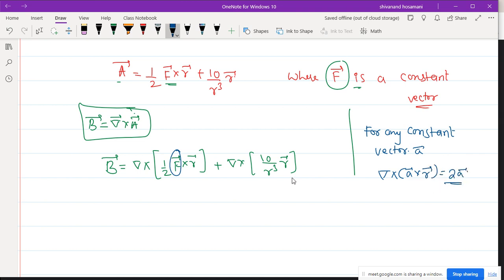Similarly, as we have taken this del cross, the curl of this result is given by 1 by 2 times of del cross F cross R, which is going to be 2F vector.